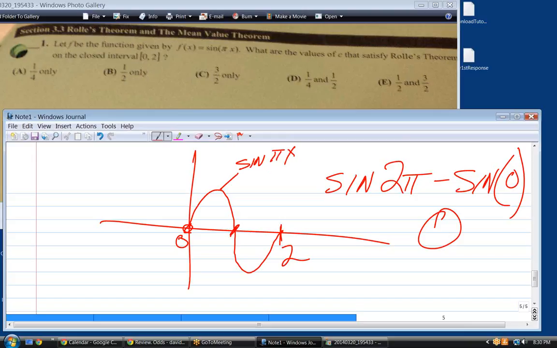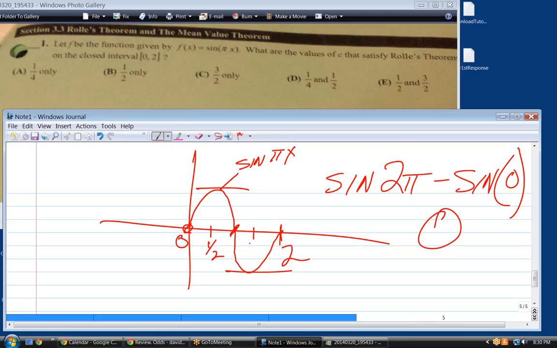And it's going to look just like this. When x is 0, we're going to have the sine of 0. So now we want to find a point on the curve that has the same slope as our average slope. Well, clearly it's there and there. Well, that point is what? And what is that point?